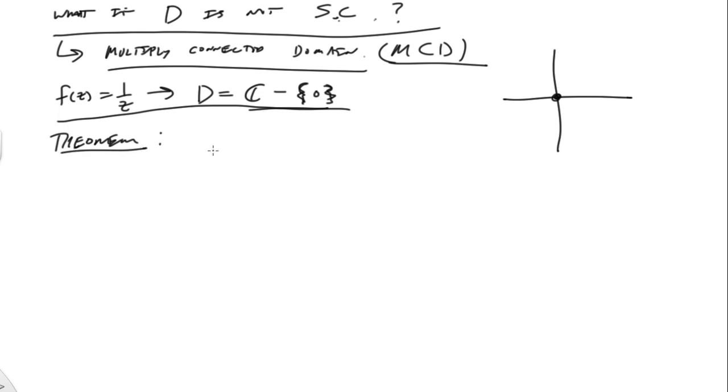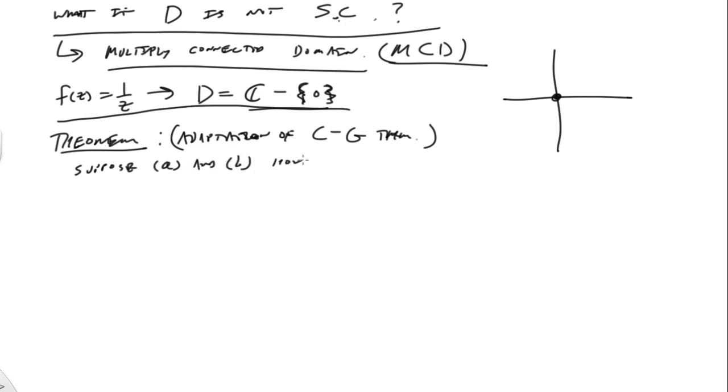And the theorem is an adaptation of the Cauchy-Goursat theorem. I'll put that as a parenthetical. I'm going to say, suppose that A and B hold, and I'm going to define what A and B are right now.